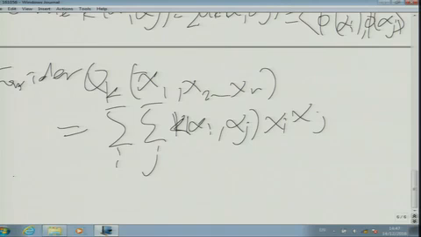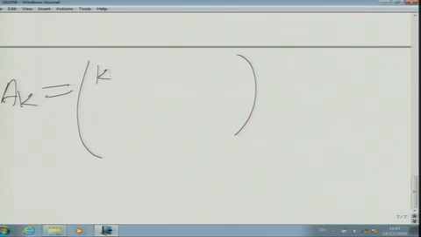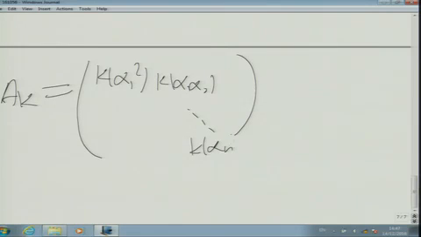And our goal is to prove that this quadratic form is positive definite. So we consider its associated matrix, the quadratic form's associated matrix, which we call A_K, as K(alpha 1 square), K(alpha 1 alpha 2) to K(alpha n square).